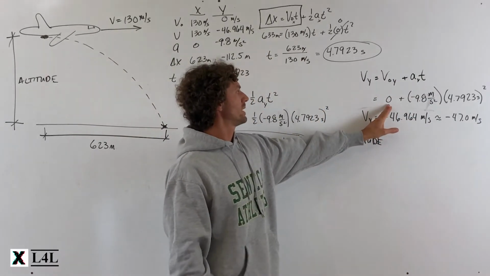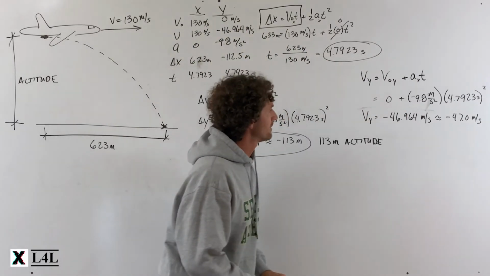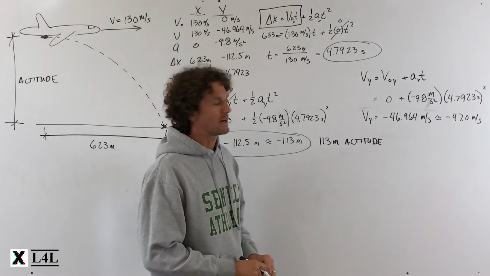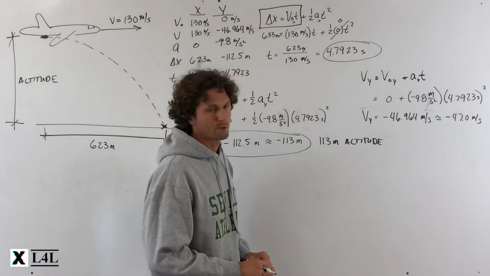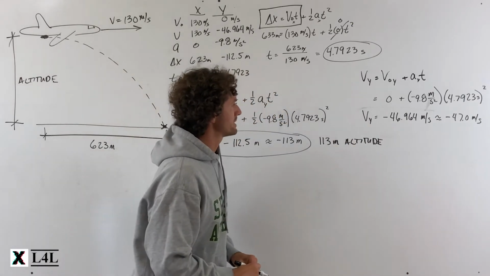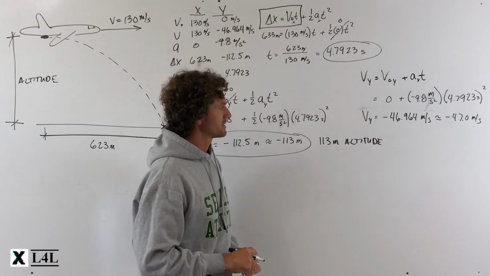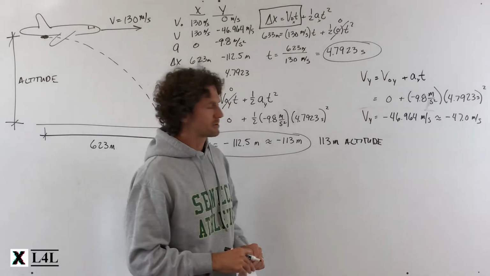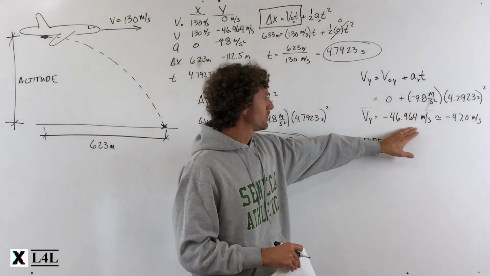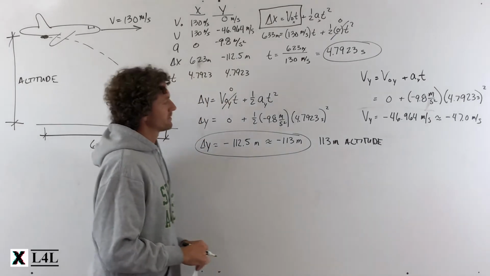The initial vertical velocity being 0, we're only left with negative 9.8 meters per second squared times the time of 4.7923 seconds. That gives us a vertical final velocity of negative 46.964 meters per second, or using 3 significant figures, negative 47.0 meters per second. However, I'm not trying to round here. I want to hold on to this velocity without rounding to sig figs.